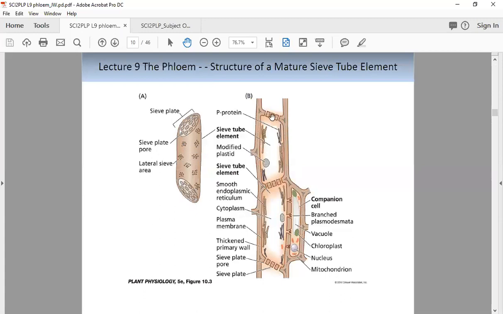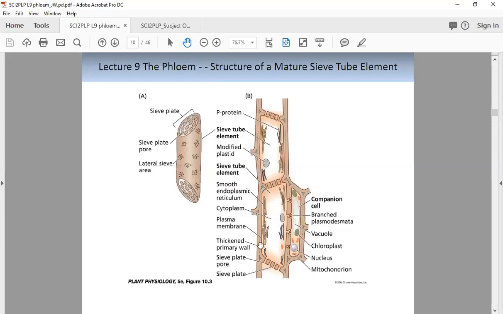Okay, in B we have two sieve elements joined end to end. And here we can see some of the components that are labelled. We've got some plastids, a little bit of smooth endoplasmic reticulum. The cytosol is intact, the plasma membrane is intact.